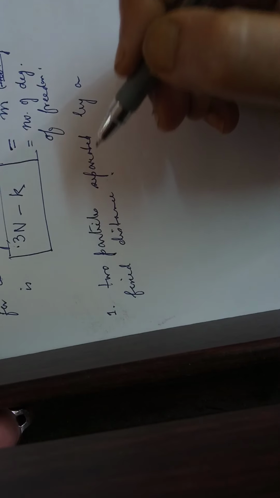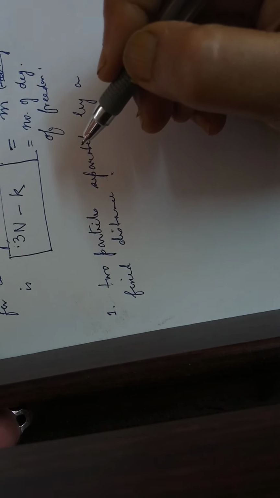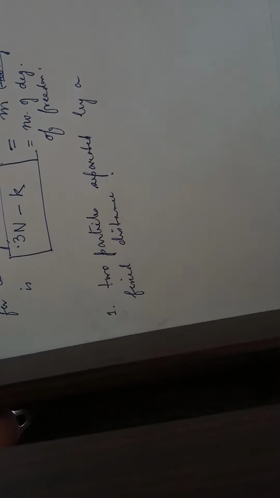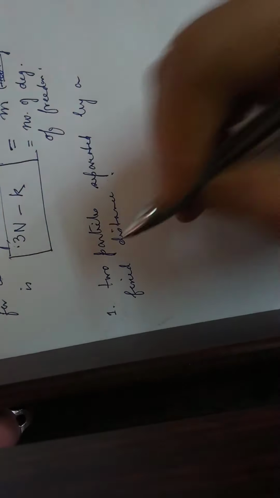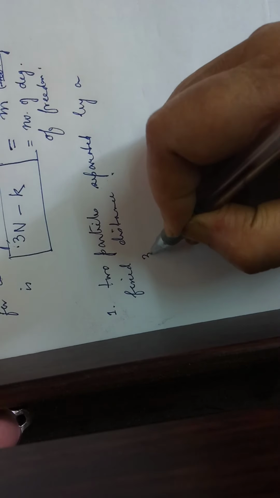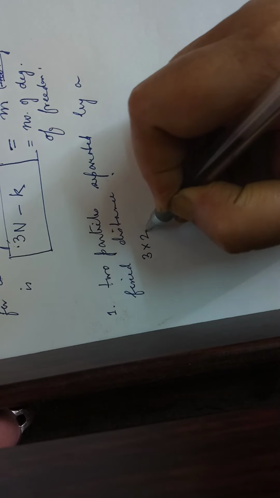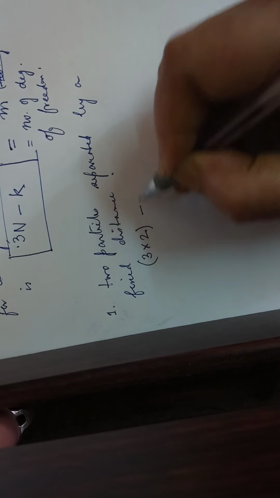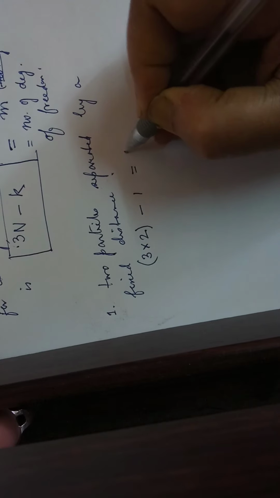Okay, how will you get its degrees of freedom? When two particles are separated by a fixed distance, for two particles the actual number of degrees of freedom is 3 into 2, 6, and it is separated by a fixed distance, so the number of constraint is 1, so 3 into 2 minus 1, so you have 5 degrees of freedom.